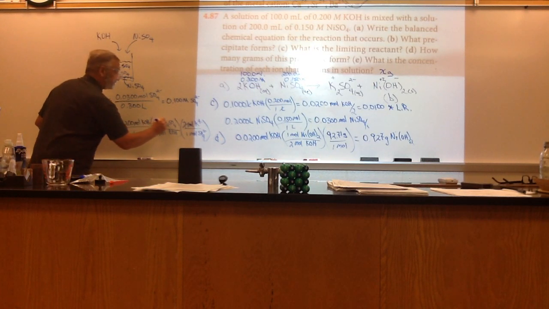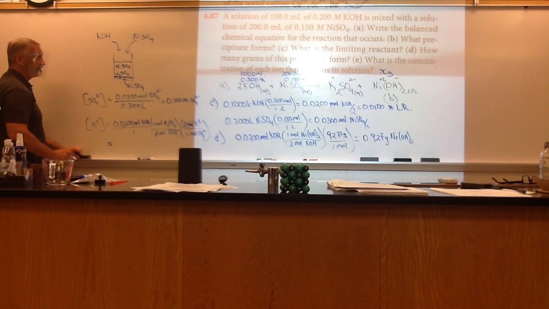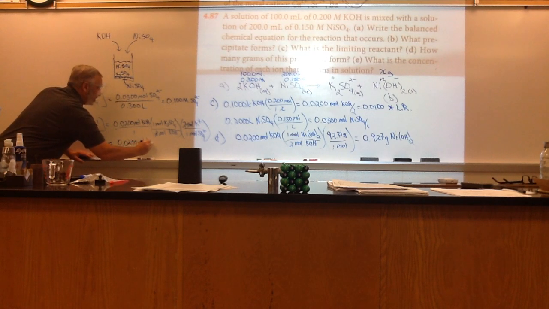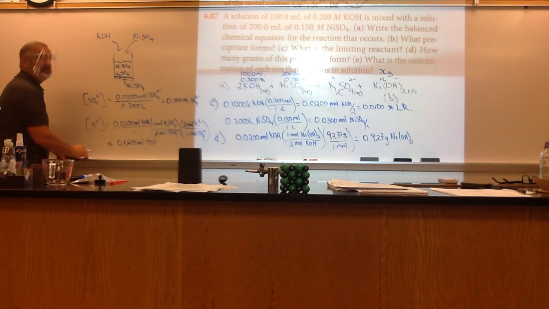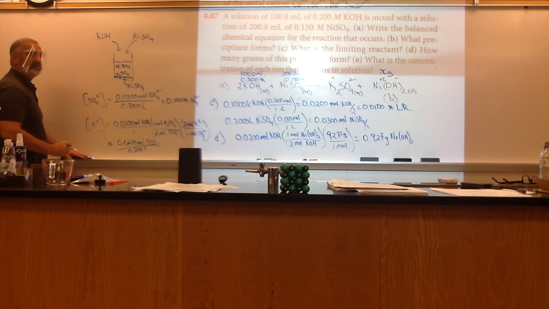So what do we get with this? How many moles? It's going to equal 0.02, divided by what to get the molarity? 0.3. So 2/3 is going to equal 0.67. Is that what it's going to come out to? 0.667.